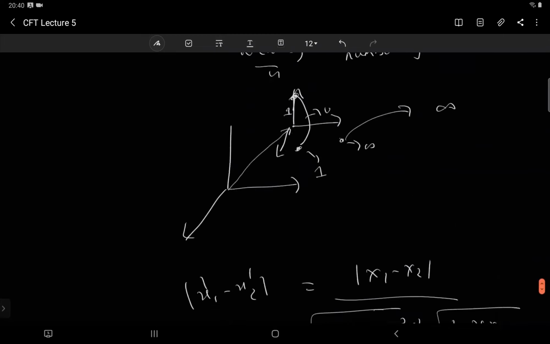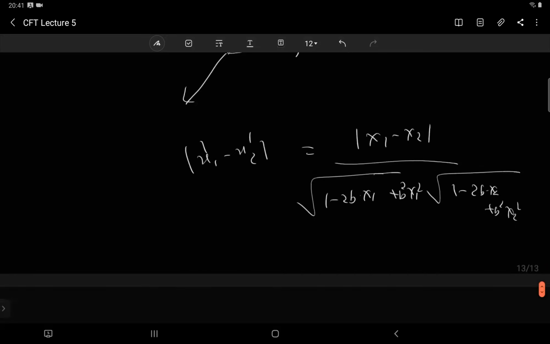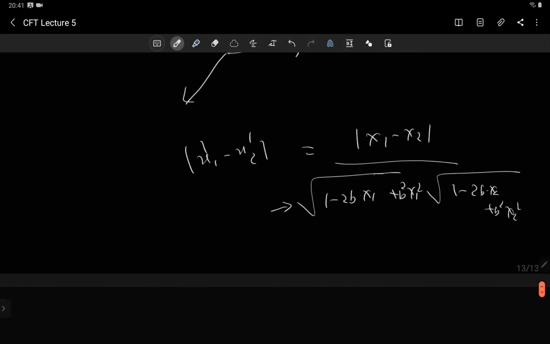And in the special conformal transformation, I gave an exercise to check that distances transform like this. There's a factor of the square root of (1 - 2b·x1 + b²x1²) and the square root of (1 - 2b·x2 + b²x2²). You will get these denominator factors for every point.